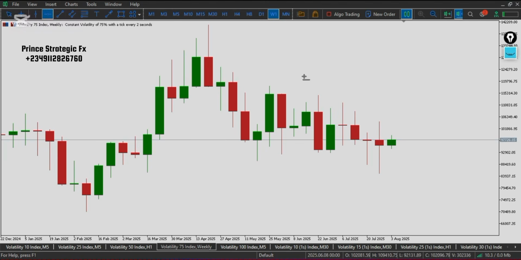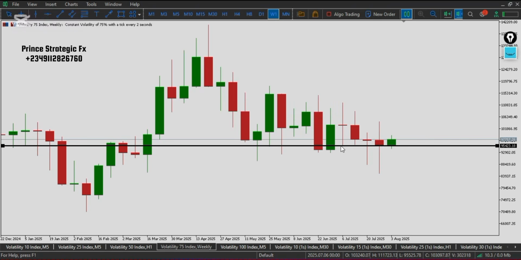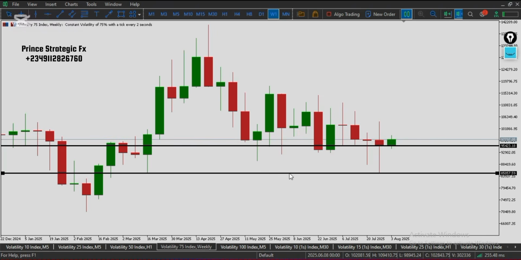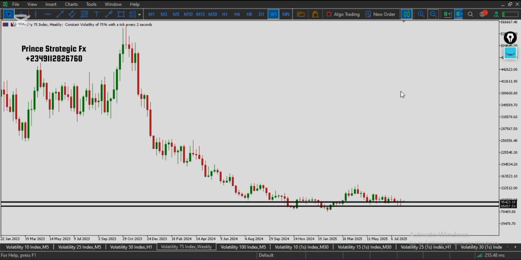We will come here and take the close of the previous weekly candle. This is the close. Then we will also take the wick. Very simple, straight to the point. Now, I can draw a trend line from here all the way down, like this.